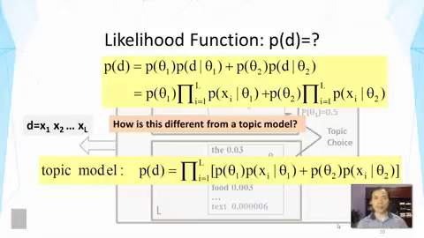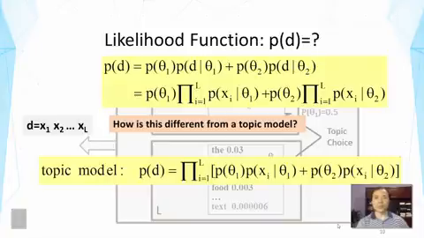And in particular, the difference is on the top. You see for the mixture model of document clustering, we first take a product and then take a sum. And that's corresponding to our assumption of first making a choice of choosing one distribution and then staying with the distribution to generate all the words. And that's why we had the product inside the sum. The sum corresponds to the choice.